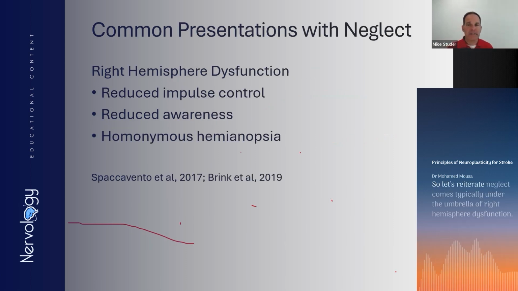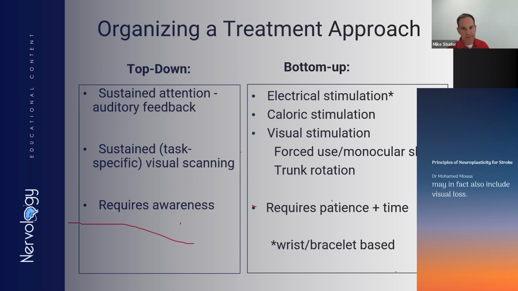So let's reiterate. Neglect comes typically under the umbrella of right hemisphere dysfunction, most common. Reduced impulse control, reduced awareness about what my problems are, and may in fact also include visual loss. We treat neglect in one of two ways, but it doesn't have to be exclusive.